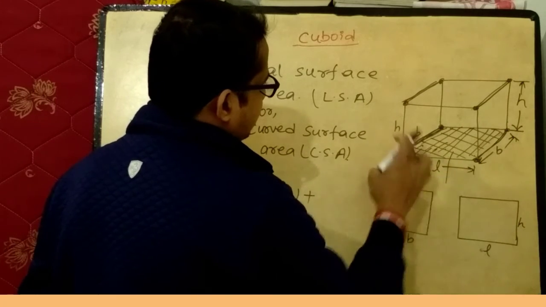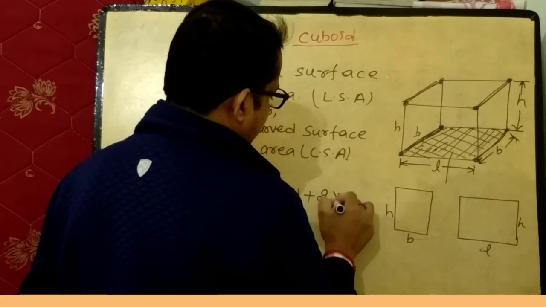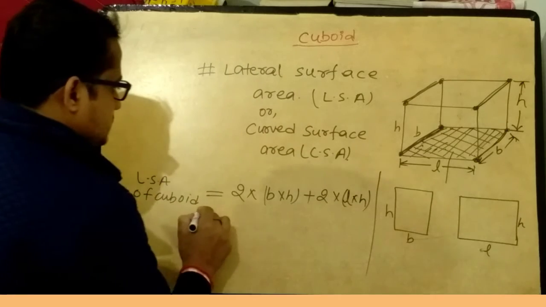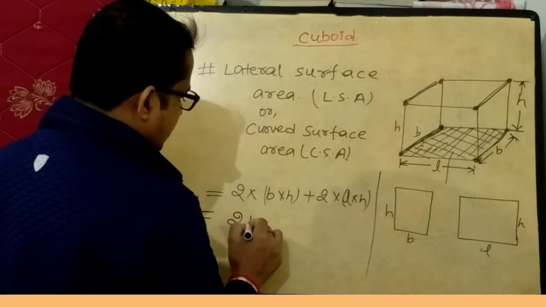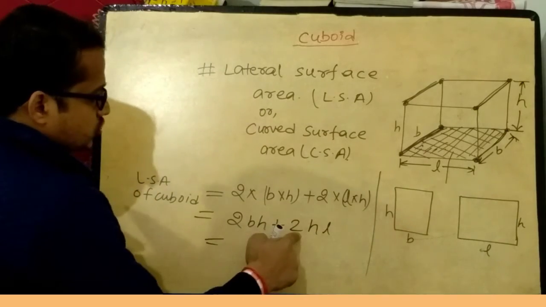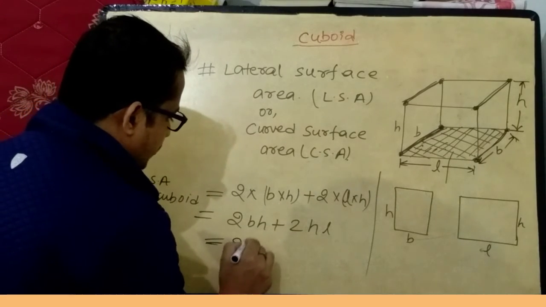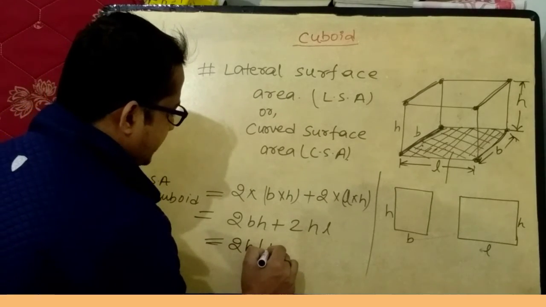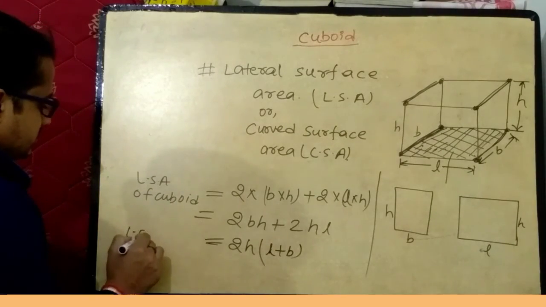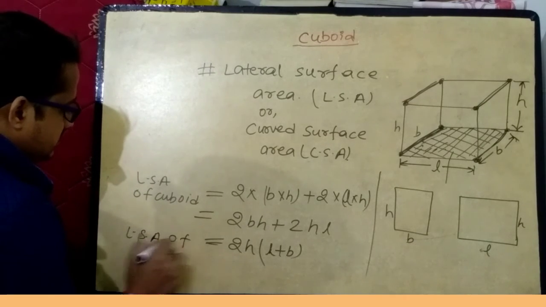So its length is L and breadth is H, that is 2 into L into H. Now 2BH add 2HL. 2 is common, H and H are common, so take 2H as common, then what will you get? L add B.